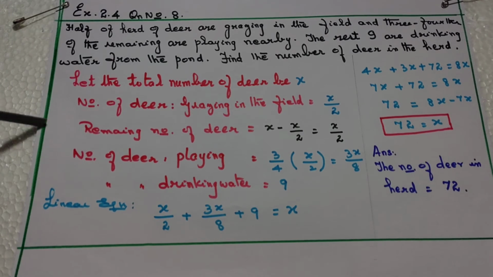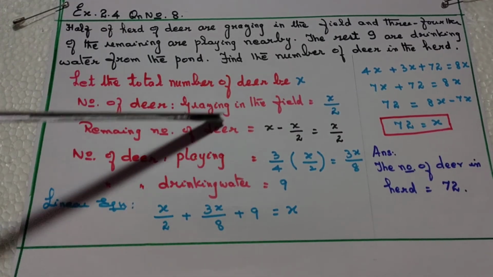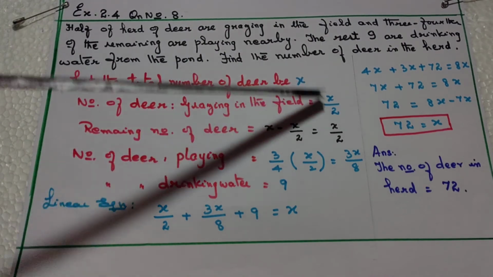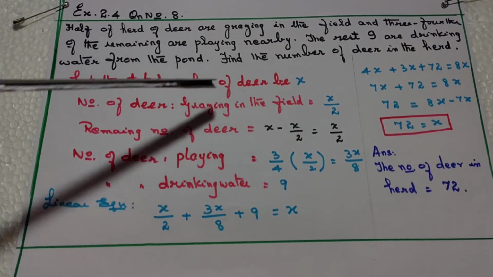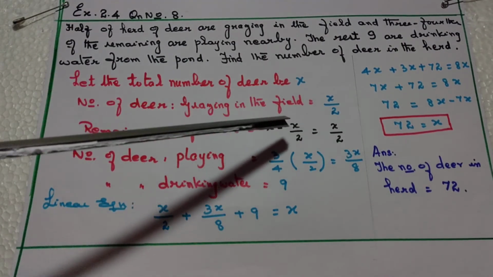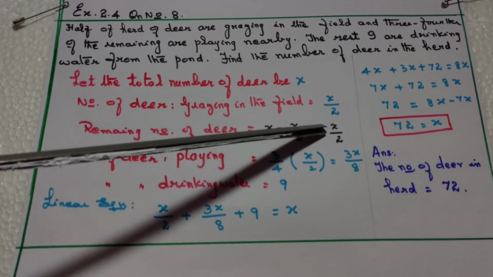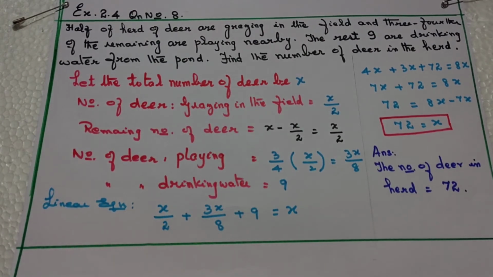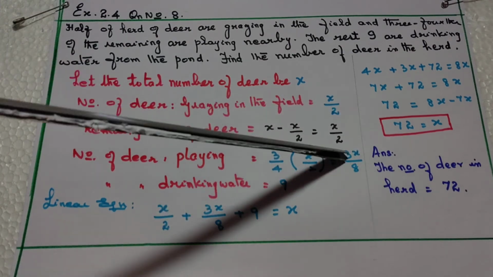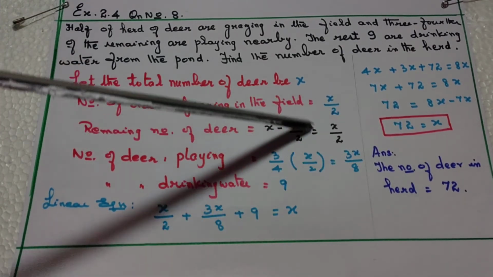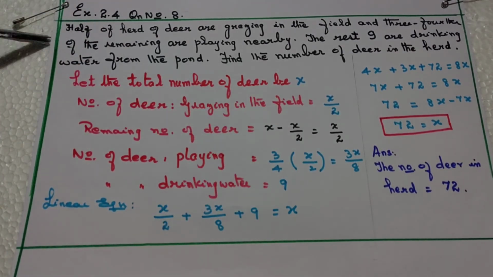So this statement is very important. So remaining number of deer here is total minus the number of deer grazing in the field. So x minus x by 2 gives me x by 2. Please remember, it is not the same always. This result depends upon what is given in the first statement.